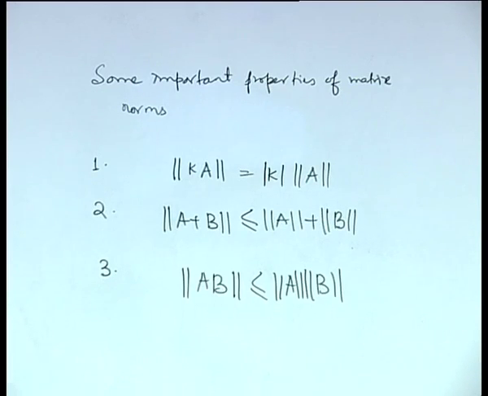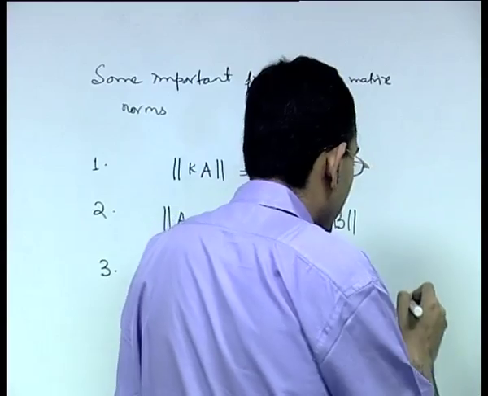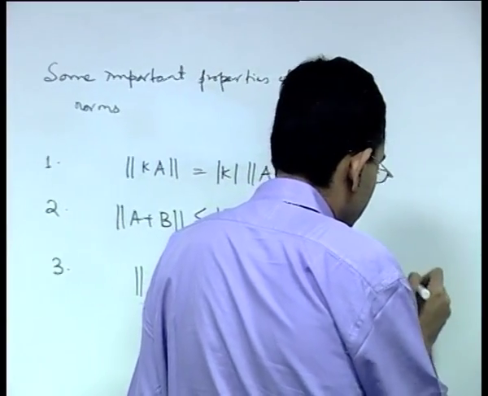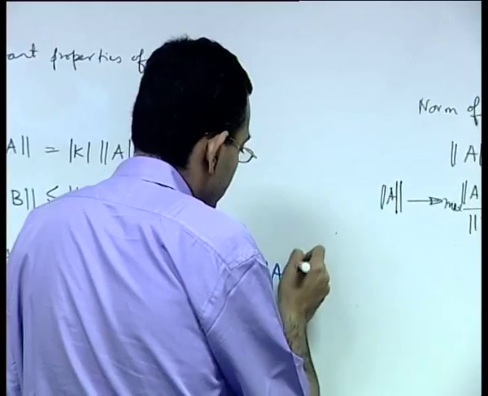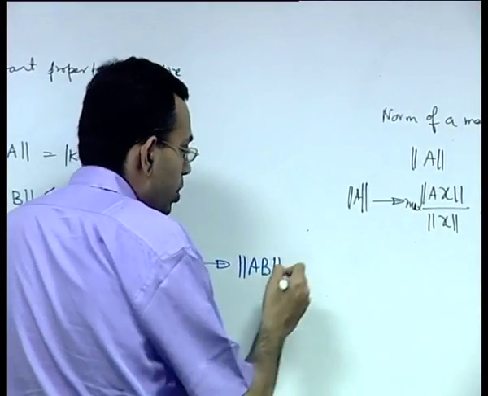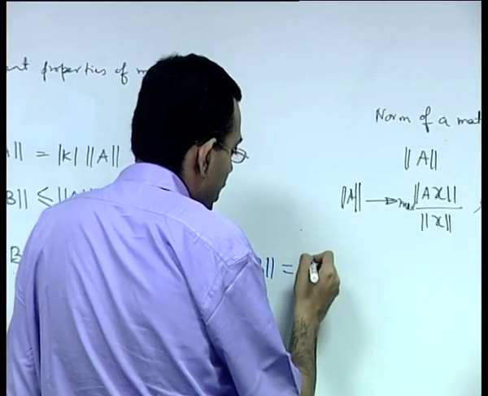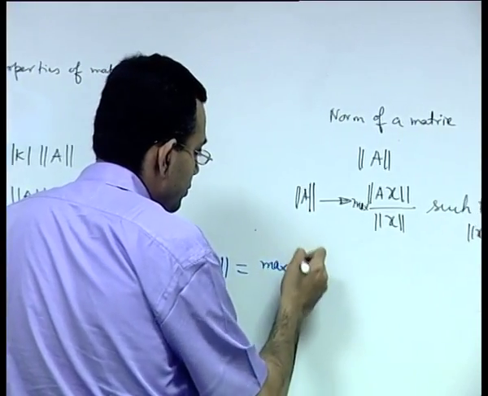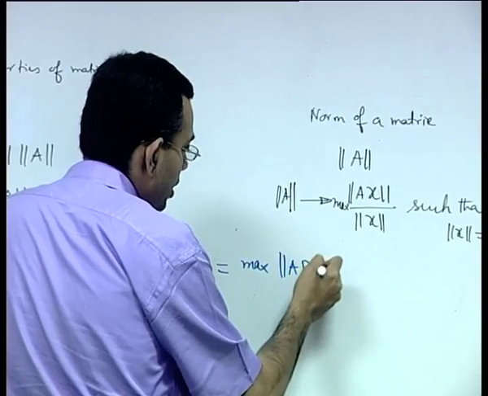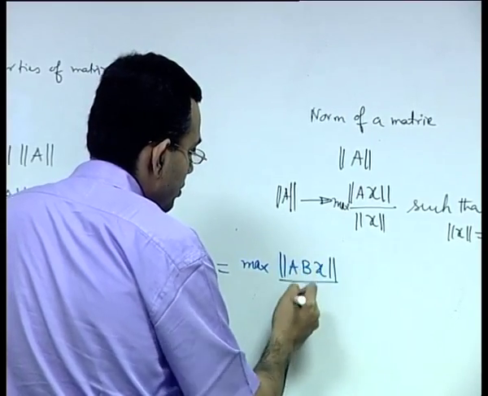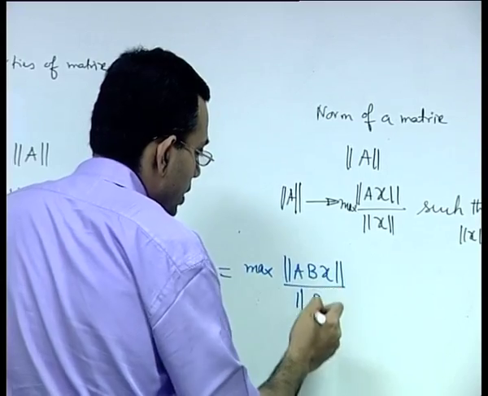So this can be shown in a simple way. You can write norm of AB as max of norm of ABx by norm of x.